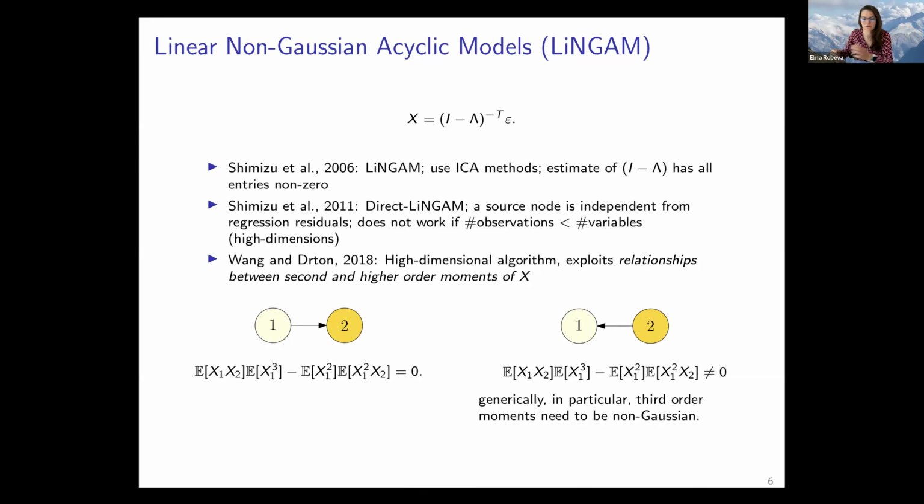So you can continuously peel off source nodes until you are done, and then you can easily learn the weights on the edges. This is sort of how to do this. And this is similar to this DirectLiNGAM method, but yeah.